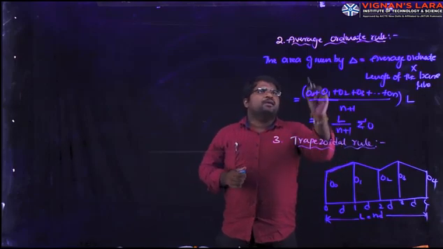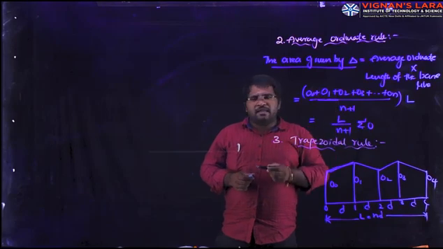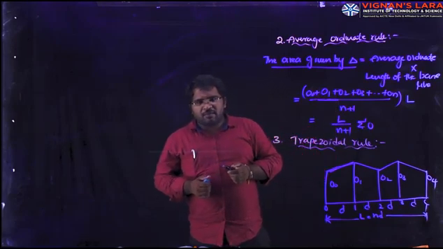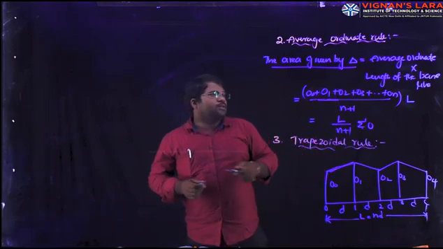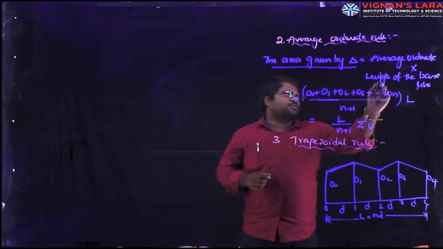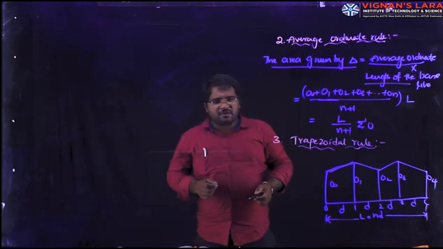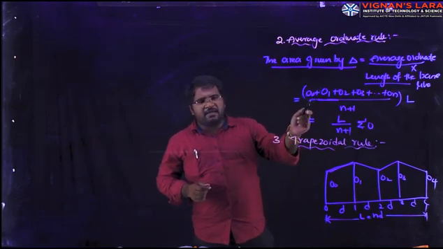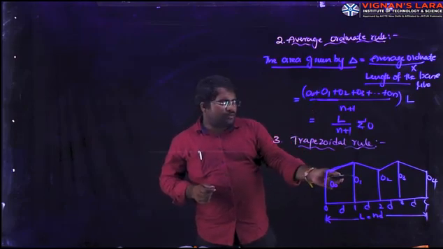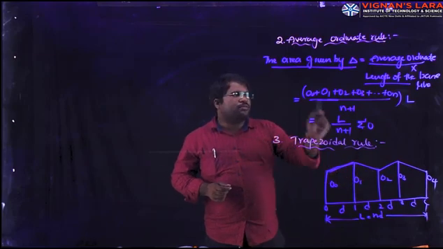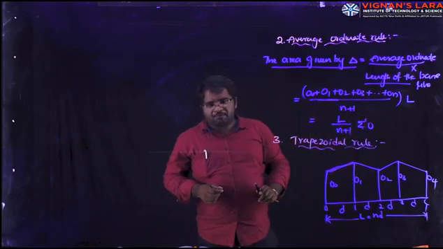That's why we get the area of the given field equal to average ordinate into length of baseline. How many ordinates are there? From O0 to O1, O2, O3 and so on up to On we have them.